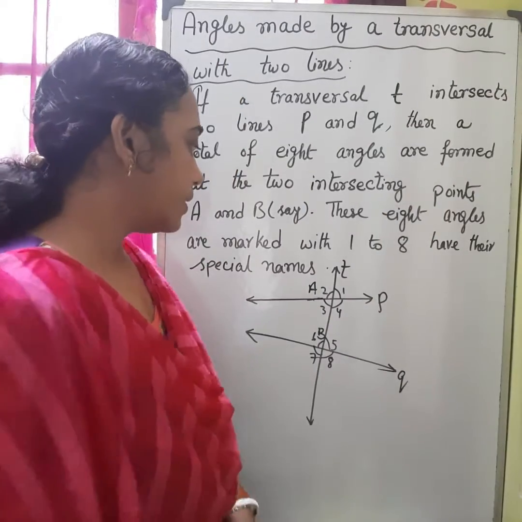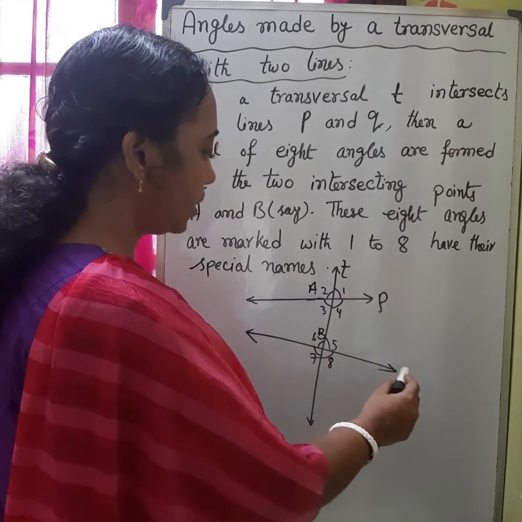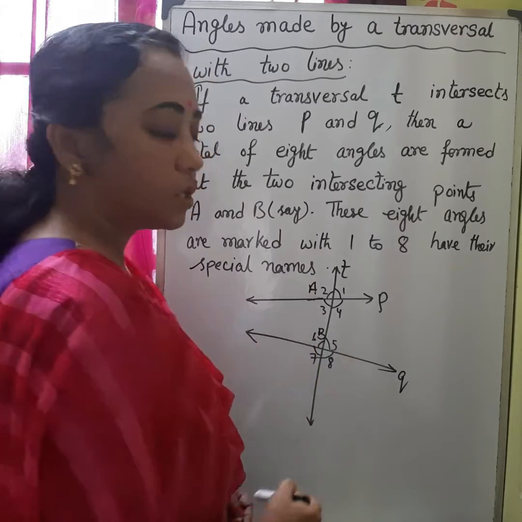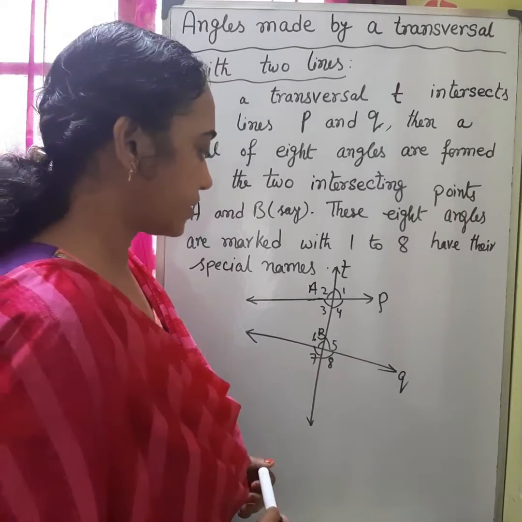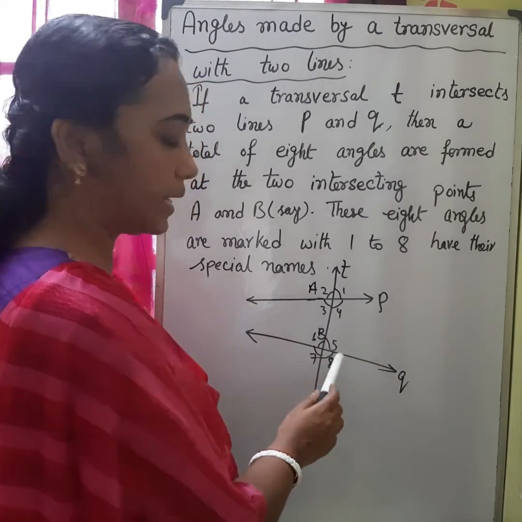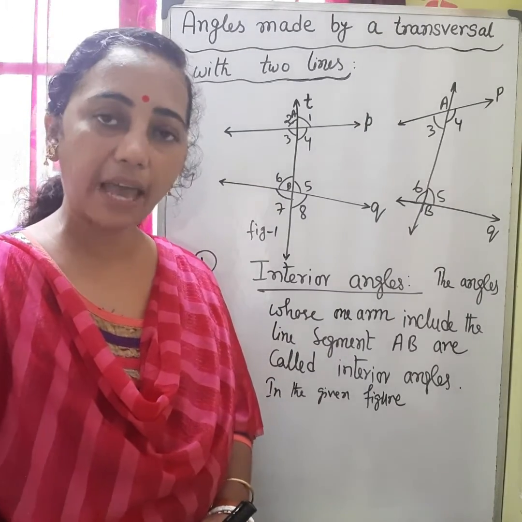So the transversal T intersects the two lines P and Q at two distinct points, A and B, and the total of 8 angles are formed at their points of intersection. Now let us know about interior angles.